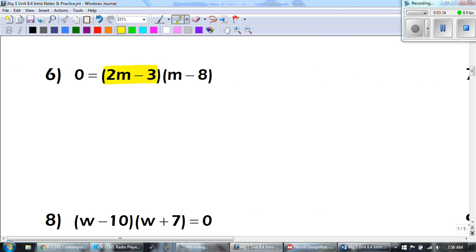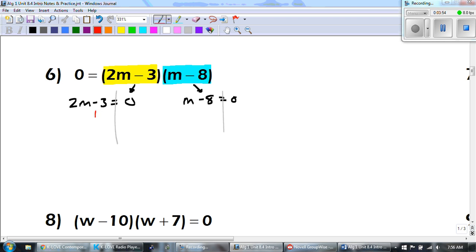Okay, for number 6, I have two variables, and I'm going to set each one of them equal to 0. So the 2m minus 3 equal to 0, the m minus 8 equal to 0, and then I have to solve them both.